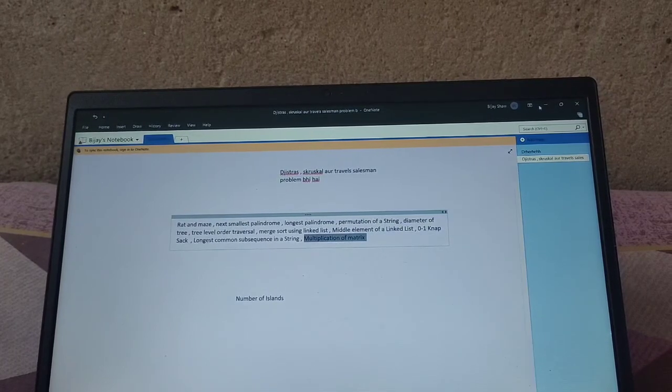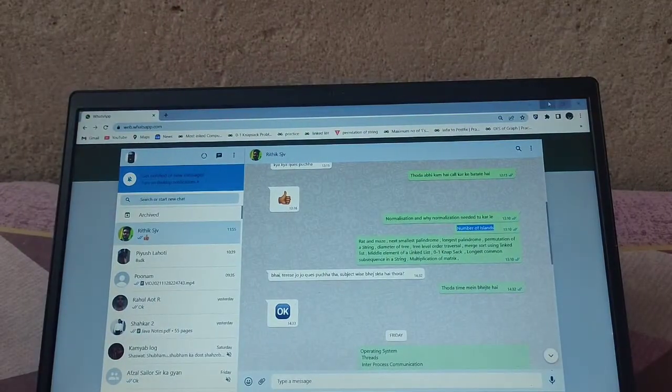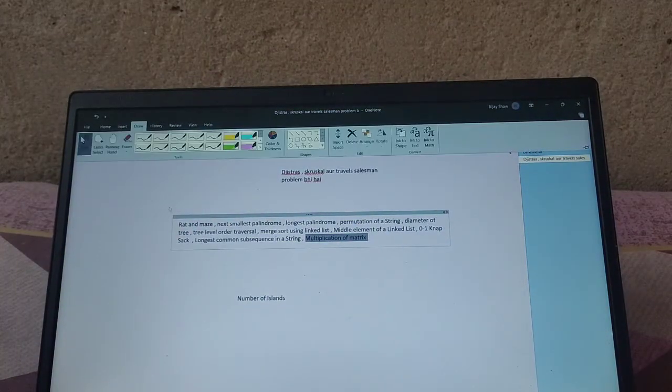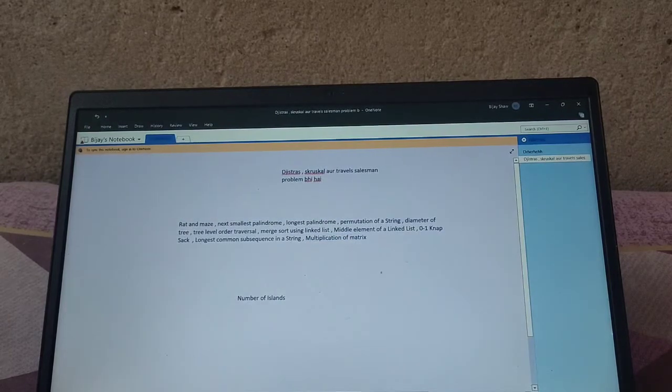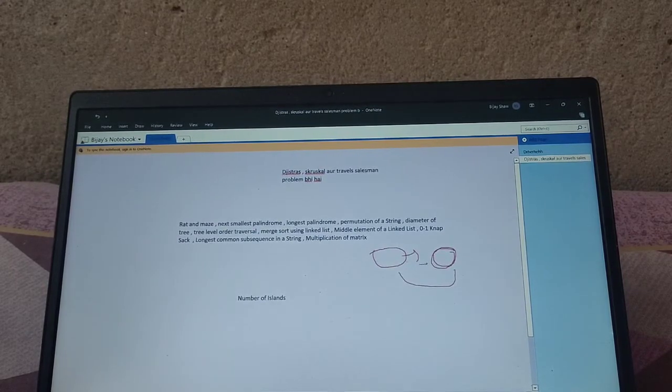One of my friends was asked matrix multiplication, and then he got a fish question, where an evil scientist introduces a fish. Just I'm telling you. The question was like an evil scientist makes a fish, and this fish can eat another fish if the other fish is smaller than it, and it grows by that size.